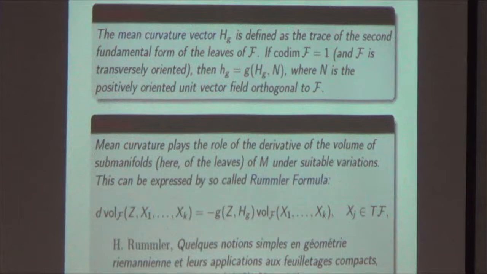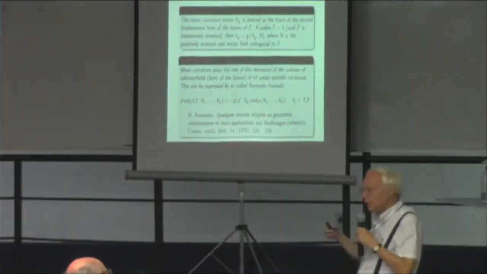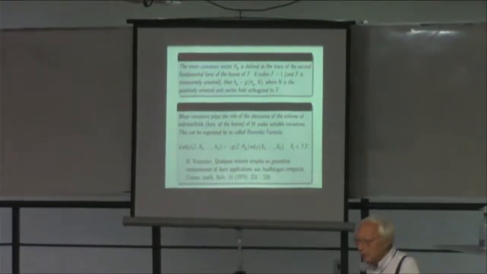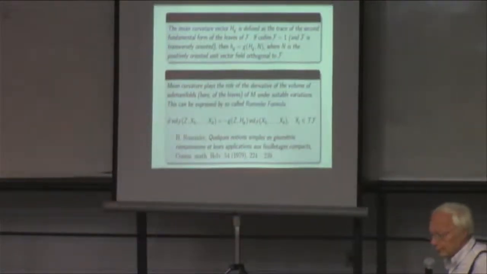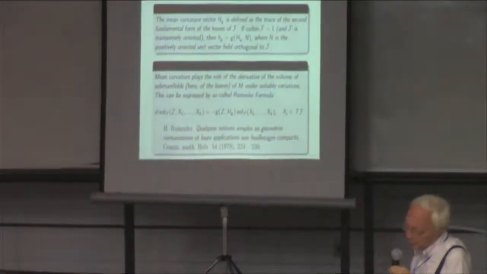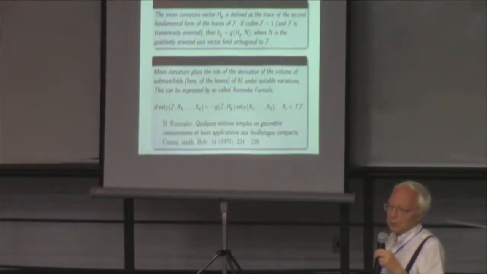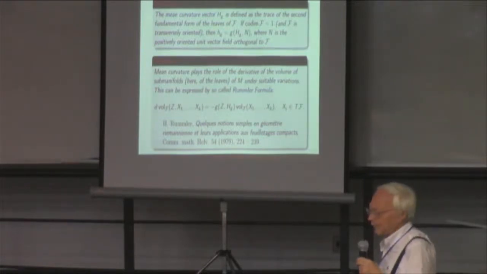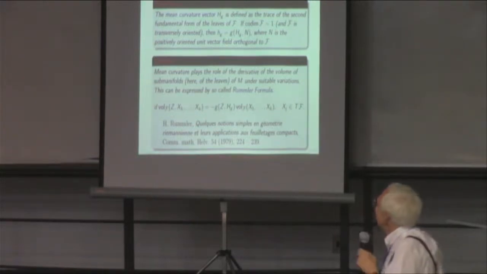I visited Helsinki, and I tried to tell these people that I have an idea of describing mean curvature functions for distributions which are integrable and so on. At that time, I didn't know the term foliation. And they told me, do you know the term foliation? I said, no. Oh, so maybe you should read a book about that. And they mentioned also Rummler's paper. So this was the very beginning of my relation with foliations, not with Paul, but with foliations.